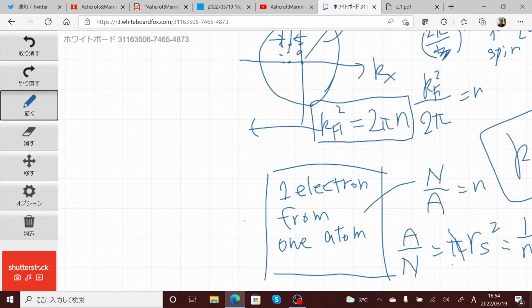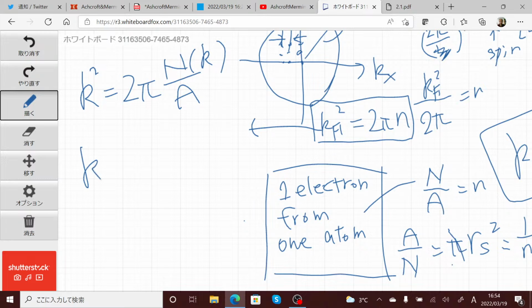I can just show how to calculate. K squared is 2 pi n, n of k. Then I can do this, K squared.